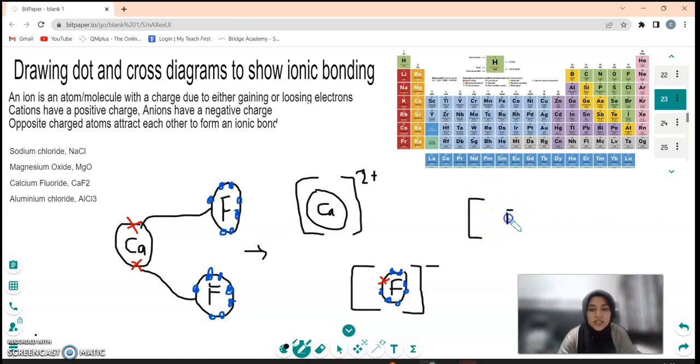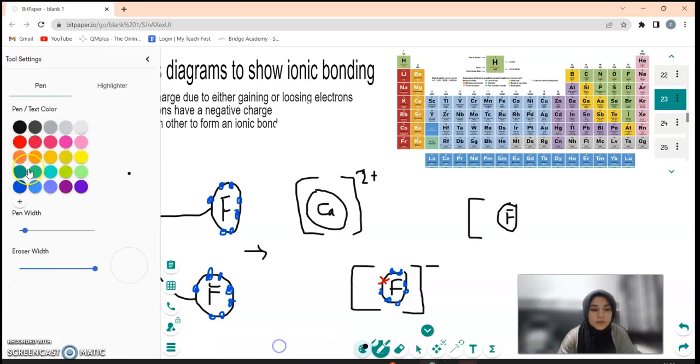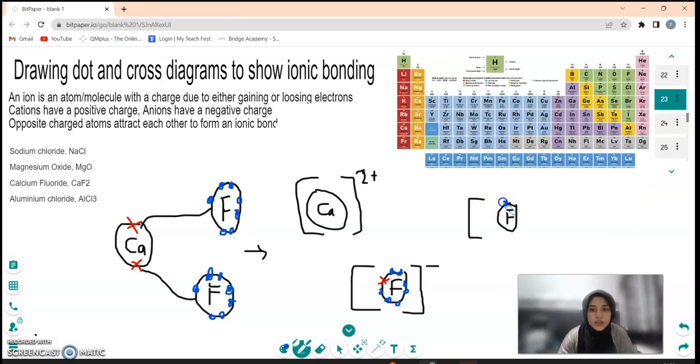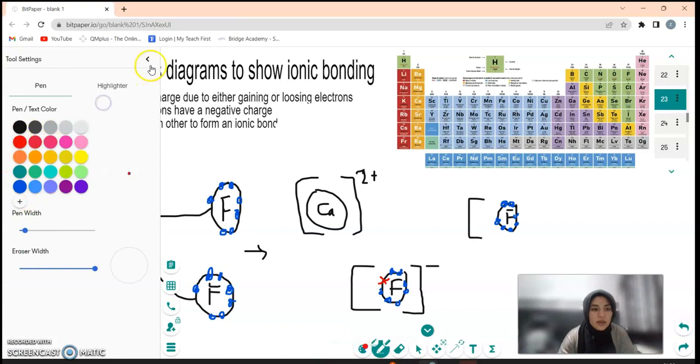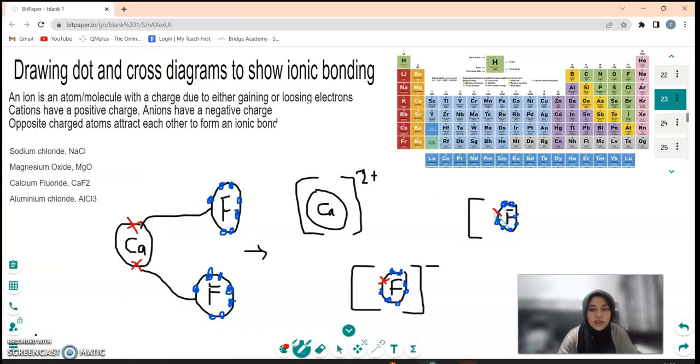So we have a fluorine atom here. This fluorine has gained an electron to also fit here. So again, drawing those electrons, so 1, 2, 3, 4, 5, 6, and 7. And then we're drawing in our last electron.